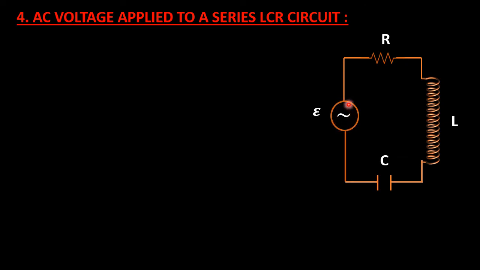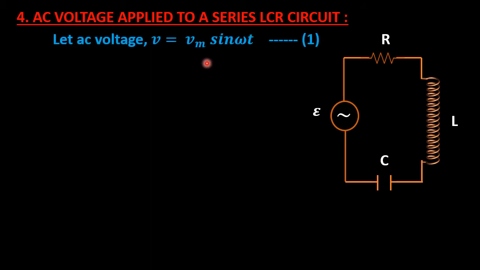Whatever voltage is supplied through the AC source, that voltage will be distributed across the resistor, inductor and capacitor. The expression for the AC voltage is given by V equals Vm sin omega t.